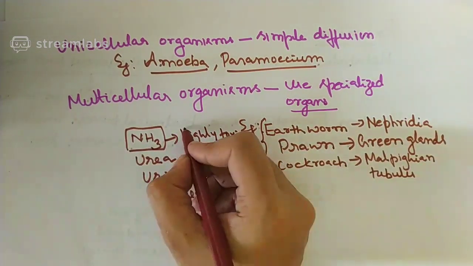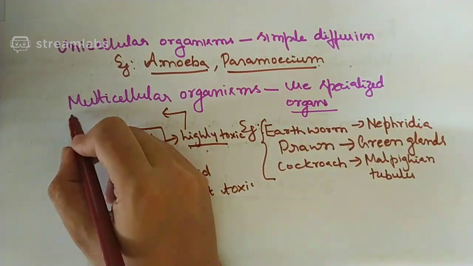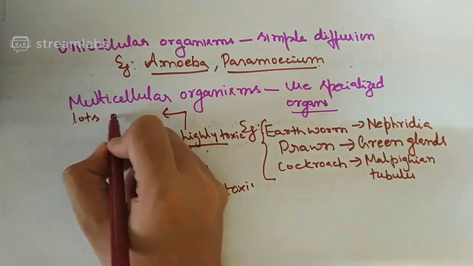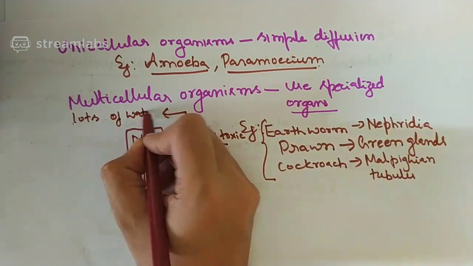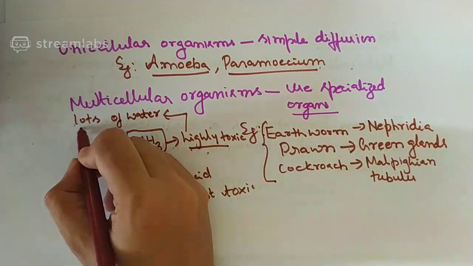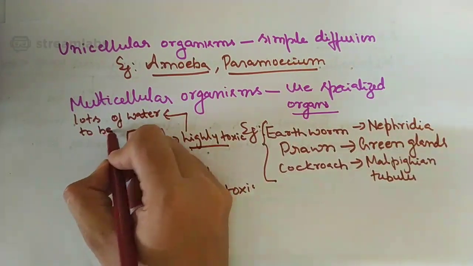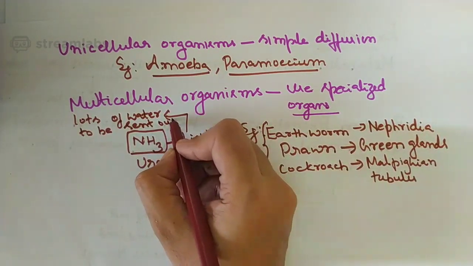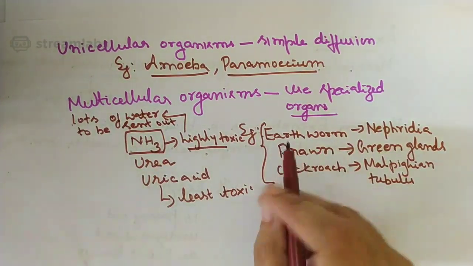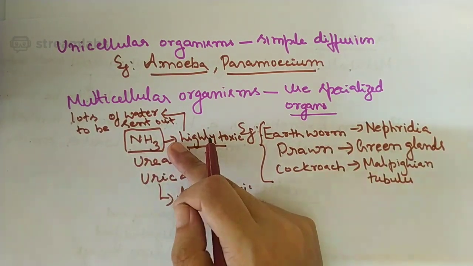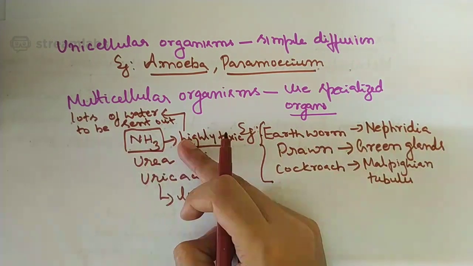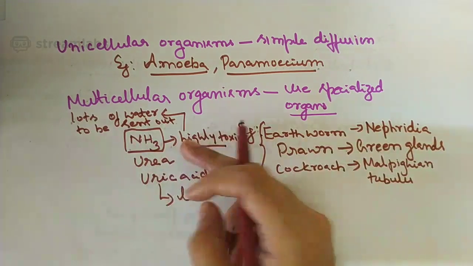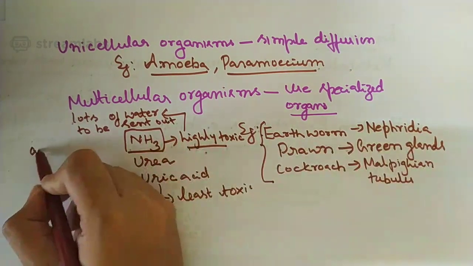Being highly toxic, ammonia requires lots of water to be sent out. So which nitrogenous wastes are excreted? Few organisms excrete ammonia; they are called ammonotelic. It's just for your information.